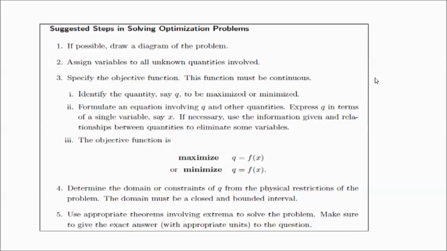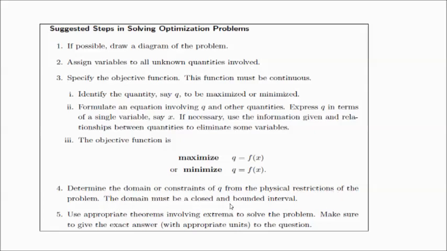Okay, so mas maintindihan nito kapag sumagot tayo ng mga worded problems, class. And then the objective function is maximize or minimize. So yung mga problems natin involve yung mga maximizing a value or minimizing a value. And then determine the domain or constraints of Q from the physical restrictions of the problem.